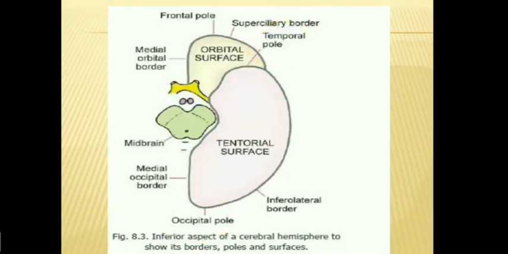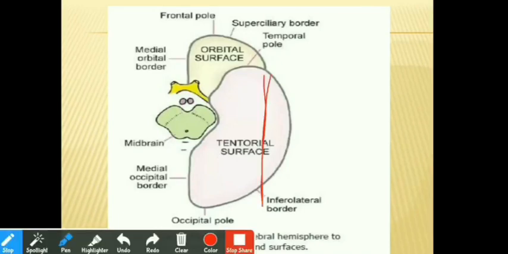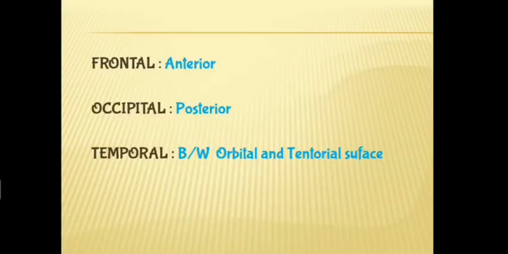The frontal pole occupies the anterior part of the cerebral hemisphere, and the occipital pole occupies the posterior part, and the temporal pole occupies the position between the orbital surface and the tentorial surface. So, to summarize, the frontal pole is in the anterior part, the occipital in the posterior, and the temporal between the orbital and the tentorial surfaces.